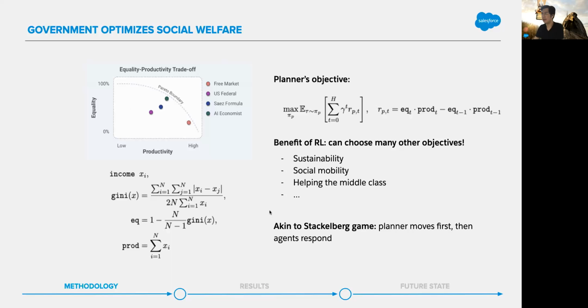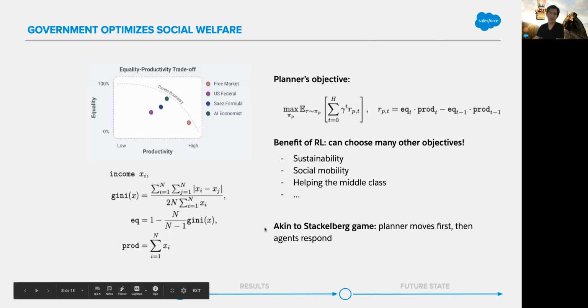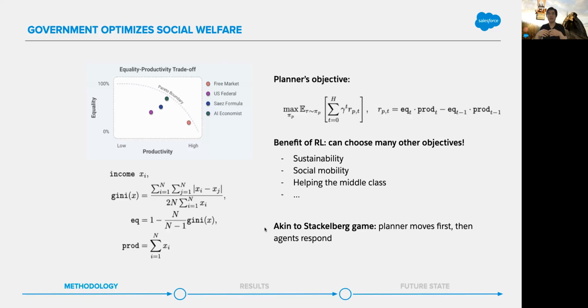And another feature of this setup is that it's akin to what's called a Stackelberg game, in the sense that in the way that we've set up our problem, the planner moves first, and then the agents can respond to that. That means in this case that the planner first sets some tax rates, and then the agents get that information, and they can then choose their action to move around or build or sell their resources.